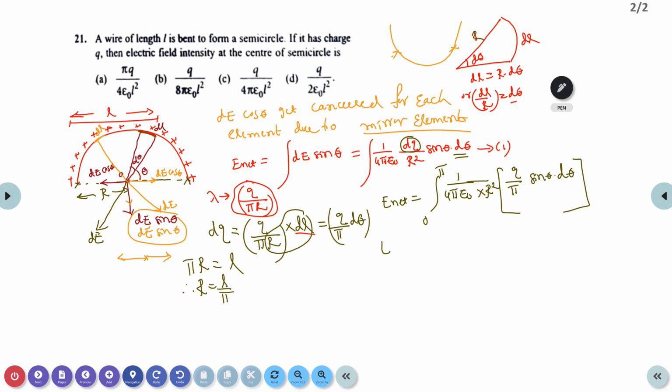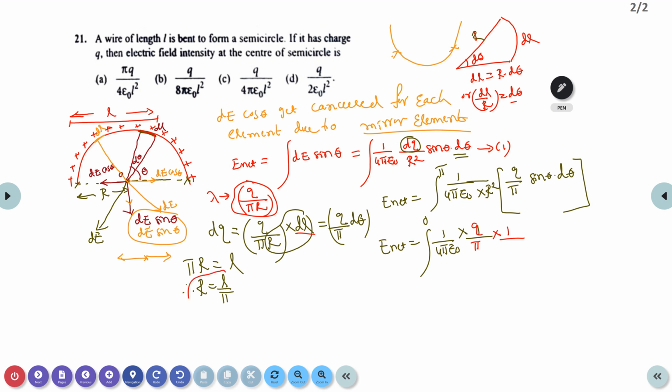Okay. Now, E net equals, in the solution he has taken the cos. That is wrong. It is 1 divided by 4 pi epsilon naught into 1 divided by, okay, this value also I am writing, 1 by pi into Q into 1 divided by r square.